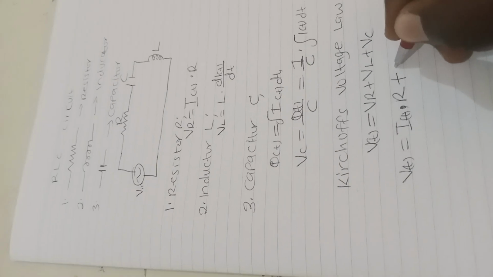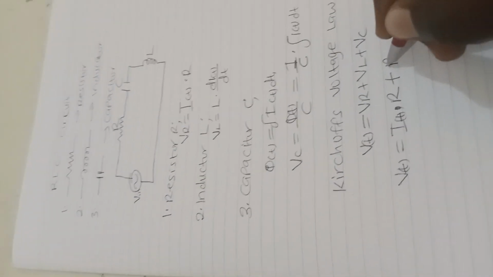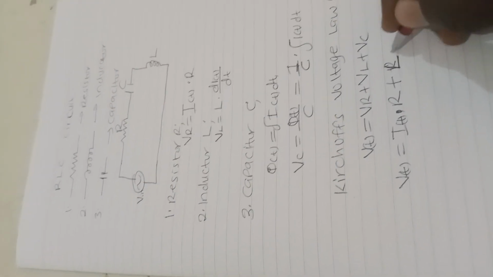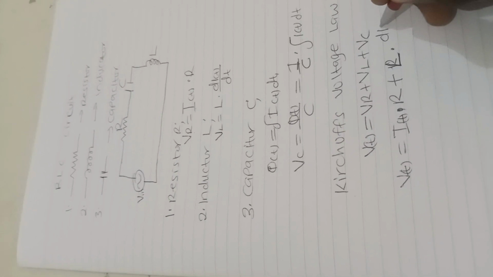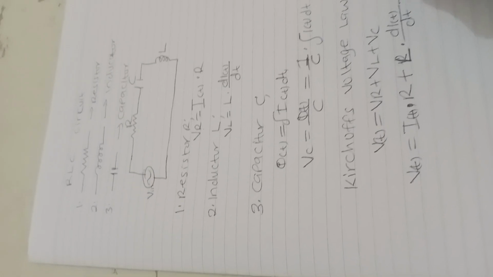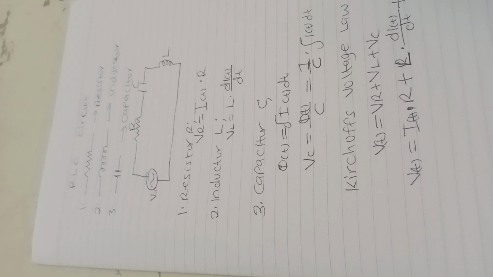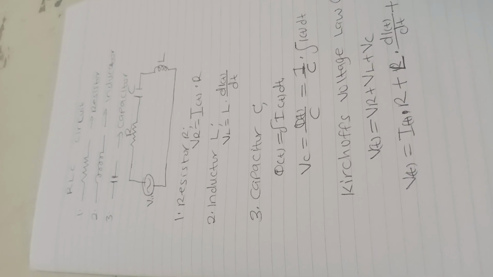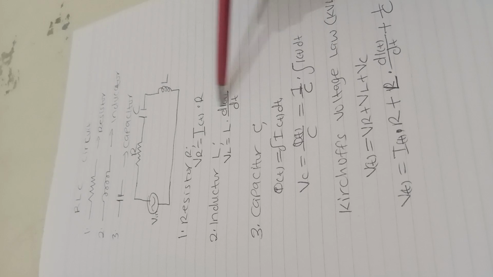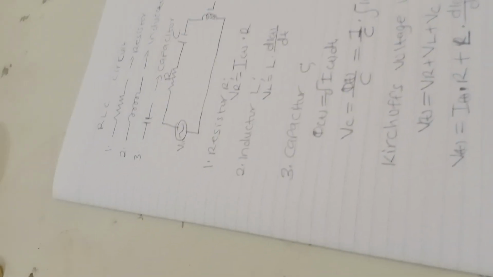Plus L, that is the inductor, times di all over dt, plus 1 all over C times the integral of I(t) dt. So we substitute all these equations above and continue.